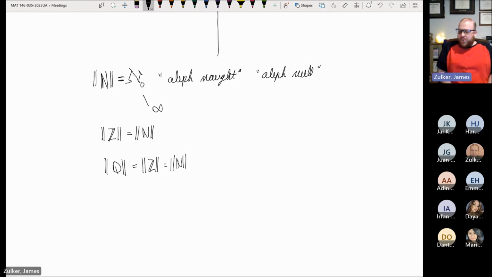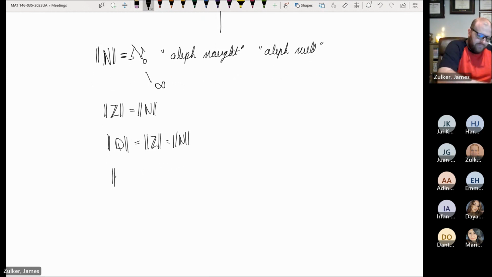The real numbers is the first we look at whose cardinality is not a left null. This cardinality is indeed just infinite.